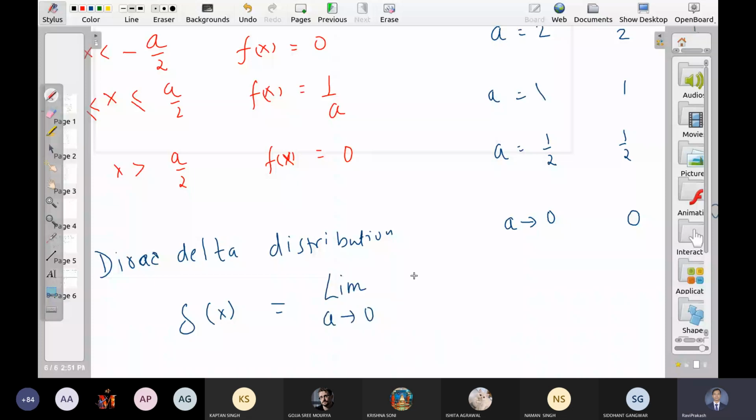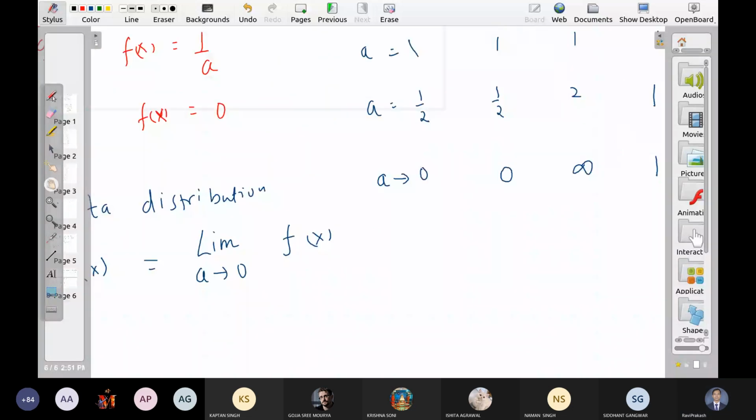What I actually mean here, so it's a function, and how does this function look like? The function looks like this. Delta x is 0 if x is not equal to 0.